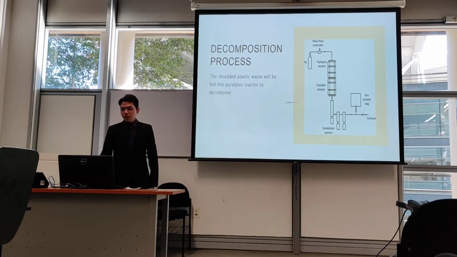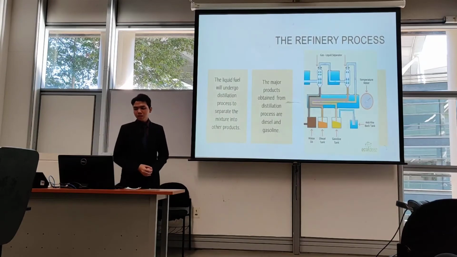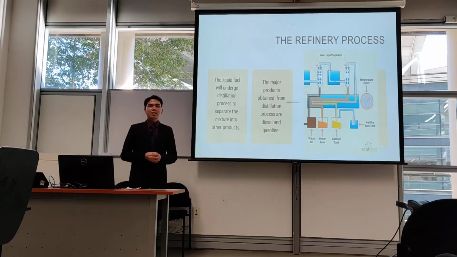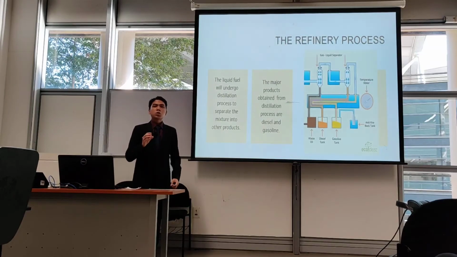So moving on to my last point, the refinery process. The refining process is basically where the liquid fuel that is produced from the reactor goes through a distillation column. The liquid fuel is actually a mixture that contains a lot of compounds, and each of the compounds has a different boiling point.